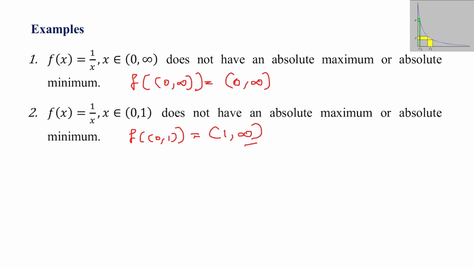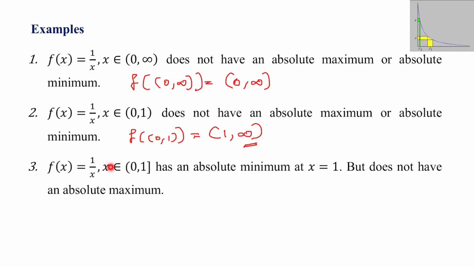So still this is not bounded above, so it does not have an absolute maximum value. It is bounded below by 1, but there does not exist any x in open interval 0 1 at which 1 by x is equal to 1. 1 by x equals 1 when x is equal to 1, but 1 is not an element of this set. So this does not have an absolute minimum also.